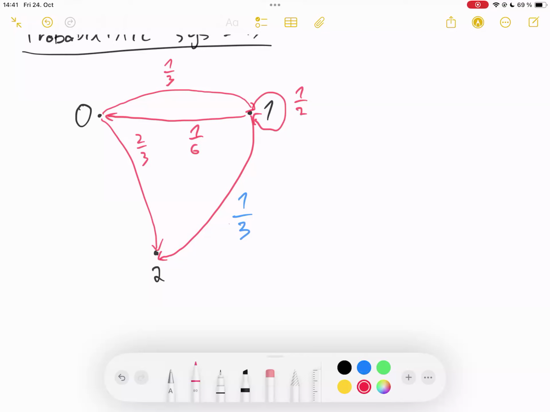And now for position 2, we have an edge from 2 to 1 where the probability is 1/6. And we have the probability to go from 2 to 0, which is 5 divided by 6.